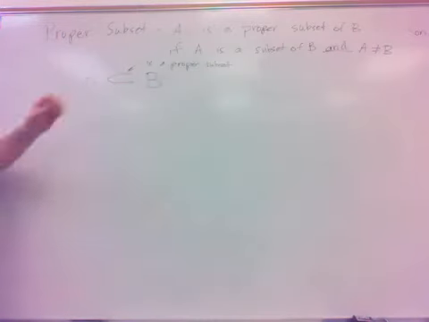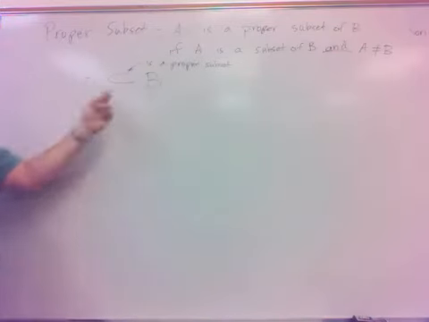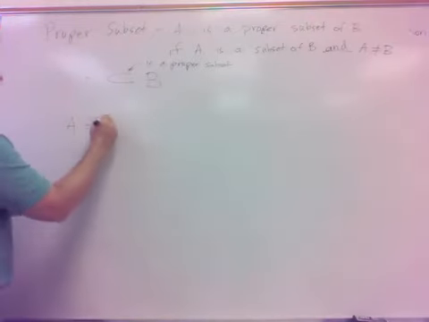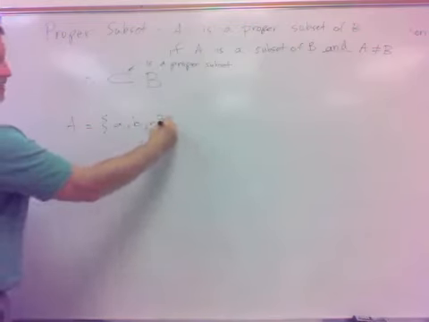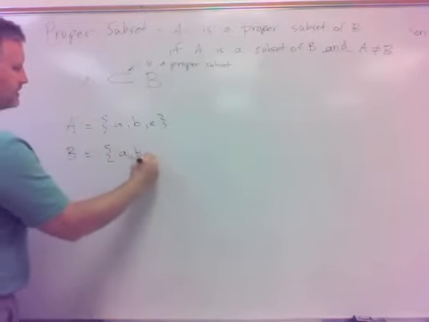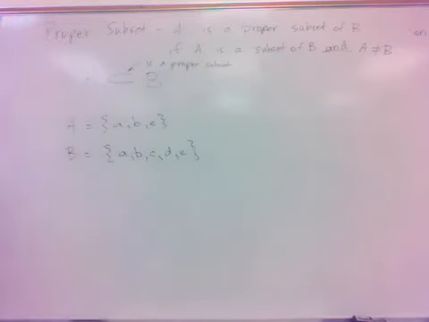So without the line there, that's the proper subset. So if A is a proper subset of B, this is what you write. What does it mean? Well, a while ago we had A. A was A, B, E. B was A, B, C, D, and E. That was a subset.